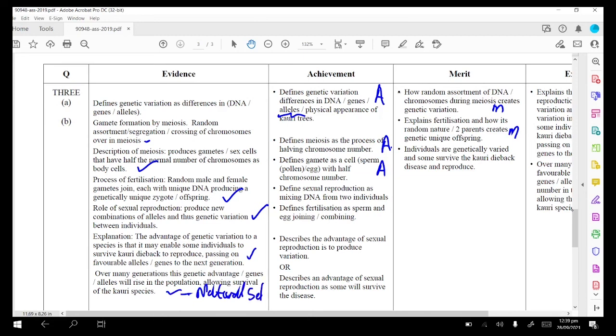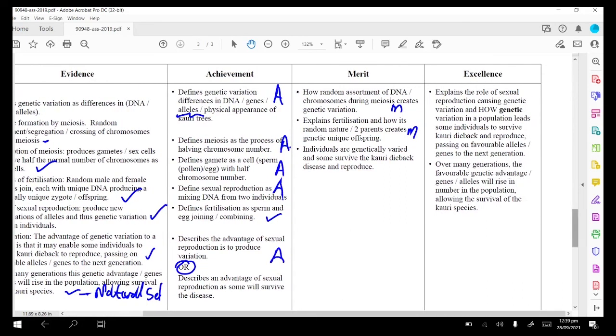So define sexual reproduction as the mixing of DNA of the two gametes. Yep. Define fertilization as sperm and egg joining. Yep. And remember, this one is an OR. So describe the advantage of sexual reproduction to produce variation, or describe an advantage of sexual reproduction. Okay, so there you go.